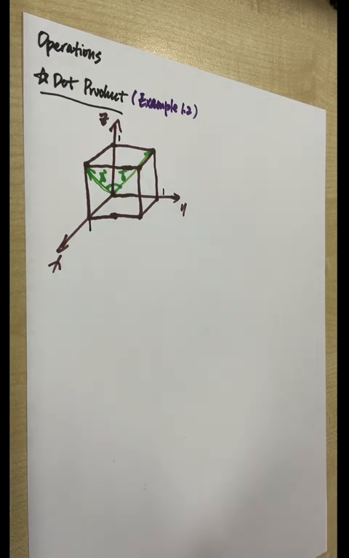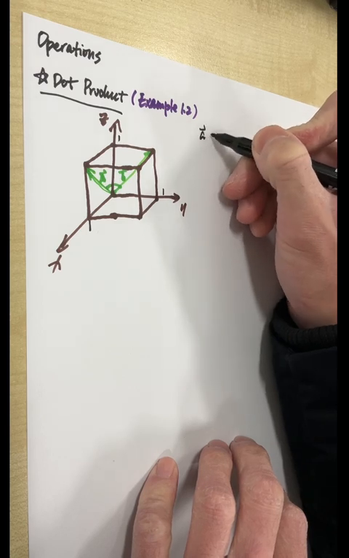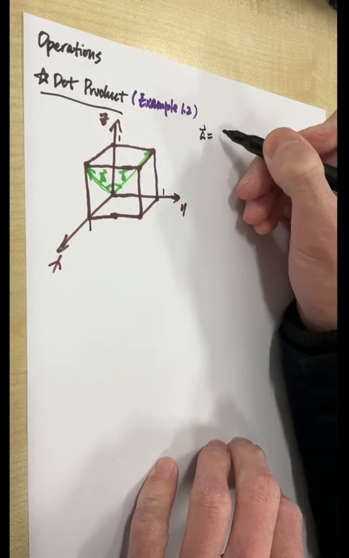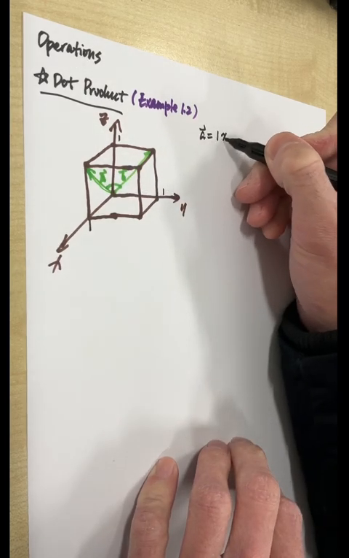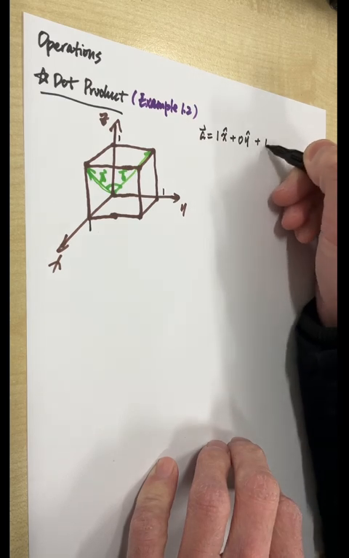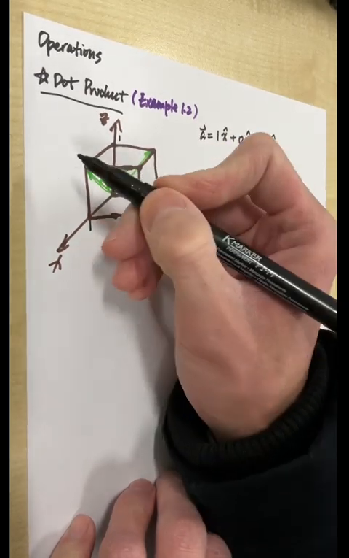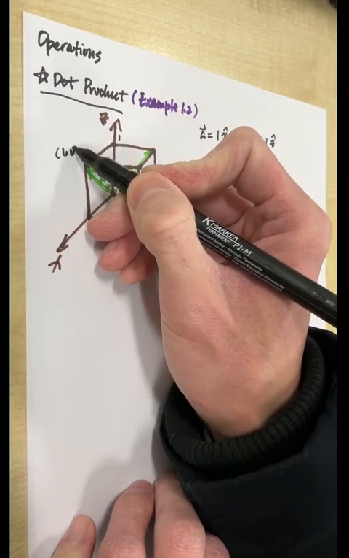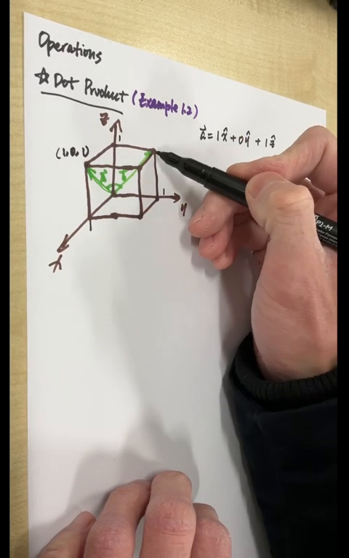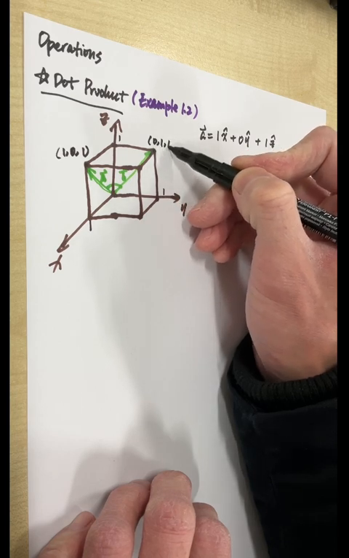So first of all, let's express vectors A and B. For vector A, in the x direction we have 1, and then 0 for y, and then 1 for z, because the coordinate here is 1, 0, 1, right? And the coordinate here is 0, 1, 1.